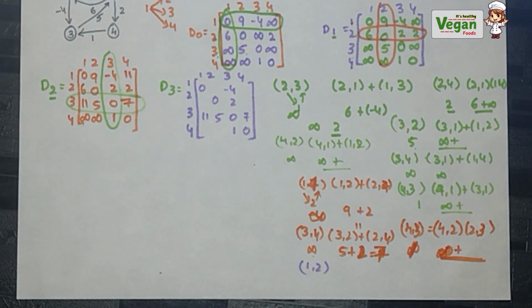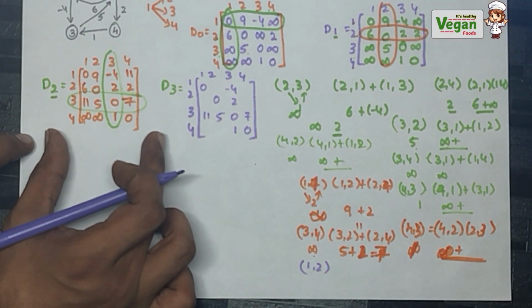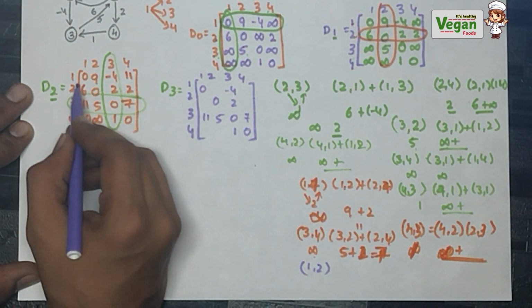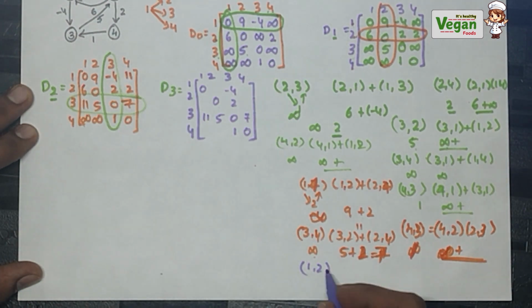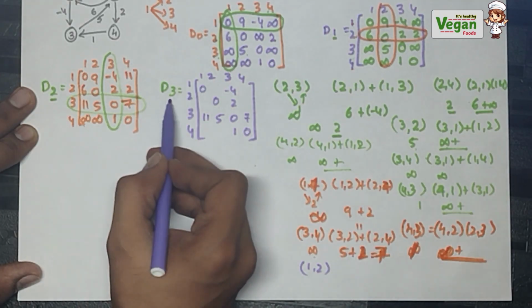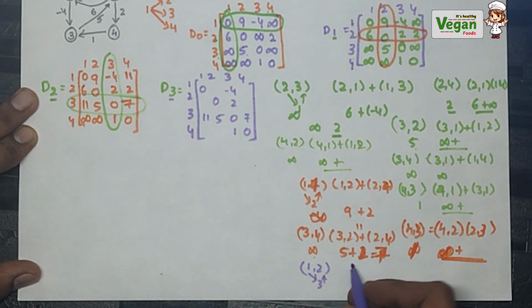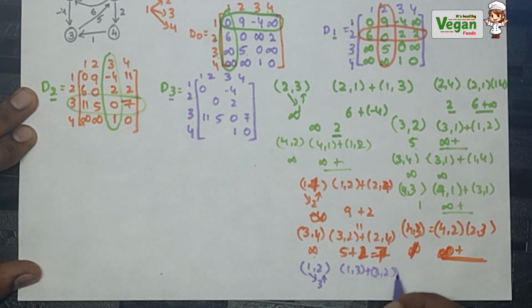To find 1 comma 2, I will be taking reference of D2, that is the previous matrix. Now it is the third matrix, that is D3. So we will go from 1 to 3 and come back from 3 to 2, that is 1 comma 3 plus 3 comma 2.